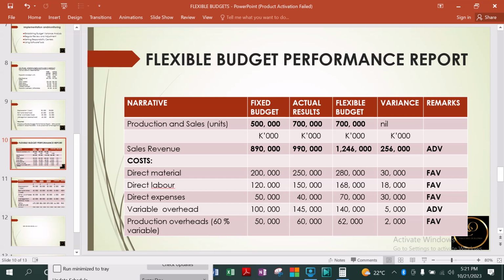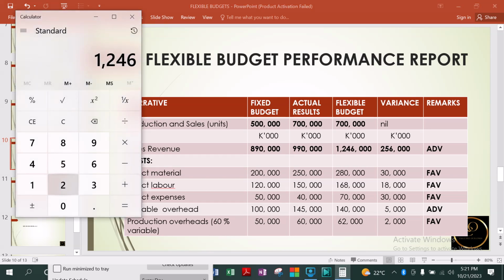You come to the cost, the same is followed. You get 200 million kwacha divided by 500,000 units. So you get 200 divided by 500.